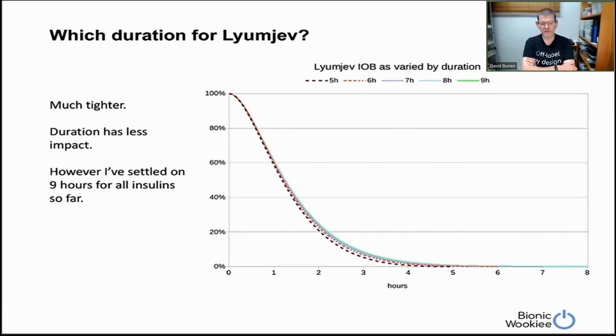There's not that much difference between declaring 5 hours or 9 hours. There is a bit when we get down to 3 to 4 hours. It's about a factor of 2 difference between these. When we get out to 6 hours, one will say there's a tiny bit left and one will say there's nothing. I've actually ended up using 9 hours for all the different insulins I've tried.